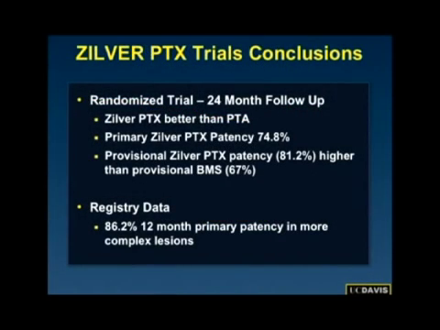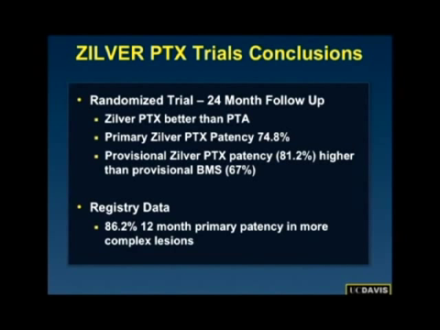So the conclusions that I draw, and we can certainly discuss this, from the ZILVER PTX randomized trial, is that ZILVER PTX is certainly better than PTA, not a big surprise. The primary ZILVER PTX patency rate's about 75%. And the provisional ZILVER PTX patency rate is higher than provisional bare metal stenting.